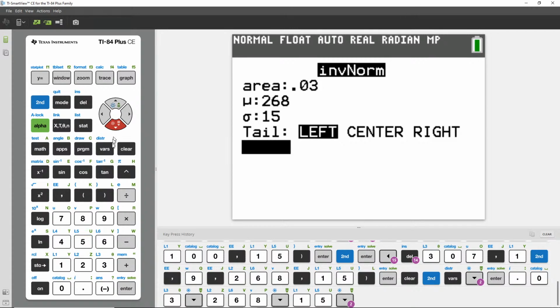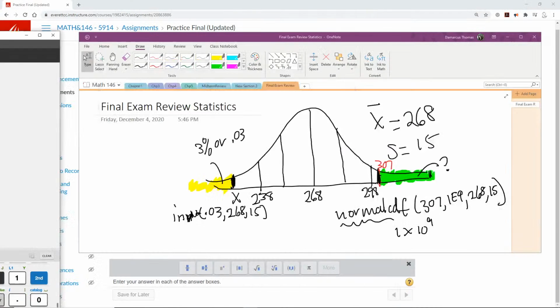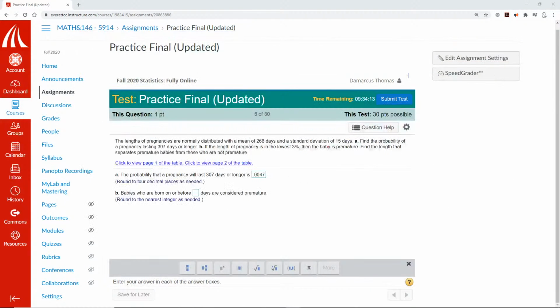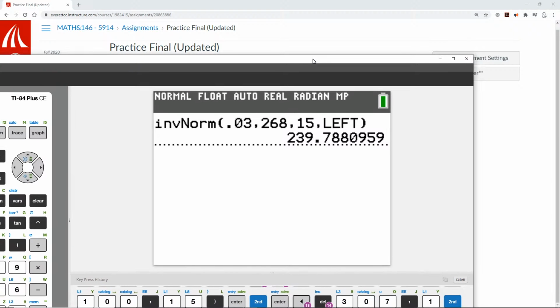We are dealing with the area to the left, and it looks like we have 239.78 days. Now let's see, did they want us to round anything off? Find the length. Okay, round to the nearest integer as needed. Because we have 239.78, the nearest integer is the nearest whole number.